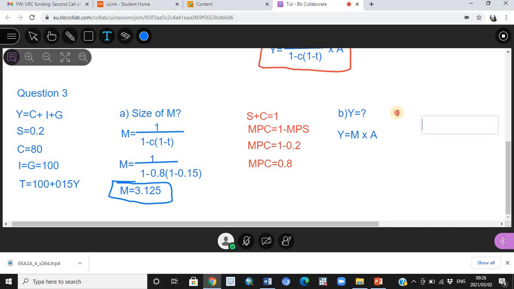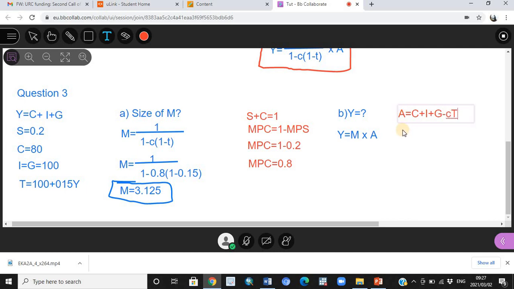So I will work out my A first. I will do it here if you don't mind. Okay, so I will say A is equal to C plus, attention, this C is not the MPC, is not the marginal propensity to consume. No. It is autonomous consumption plus I plus G minus CT.